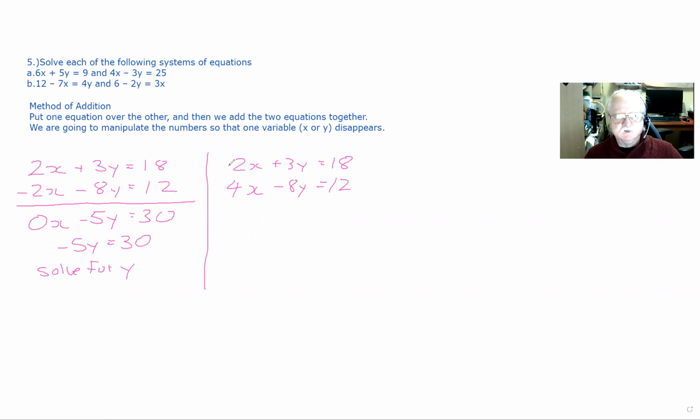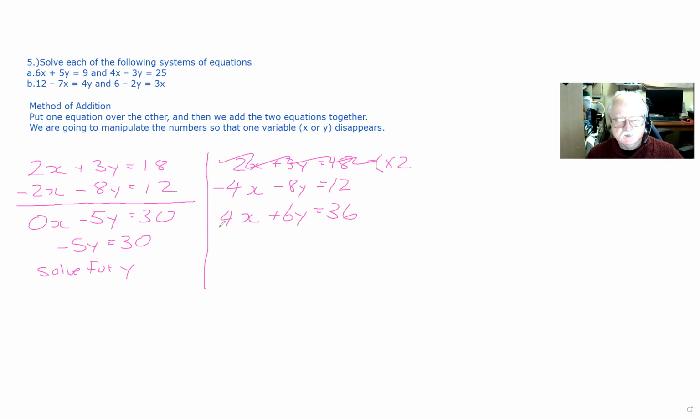Now, if we add these two together, nothing is going to disappear. So what we would have to do is multiply this whole equation by 2, because we want the 2 to equal the 4. And when we're adding them, we want one to be positive and one to be negative. So we'd have to go 4x, but we got to multiply the whole thing, plus 6y equals 36.